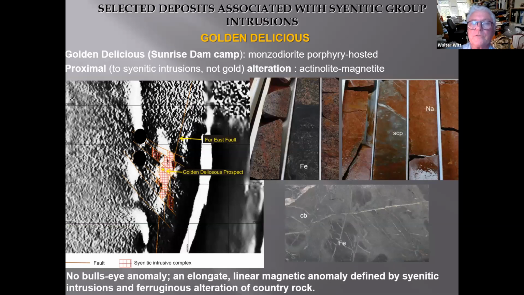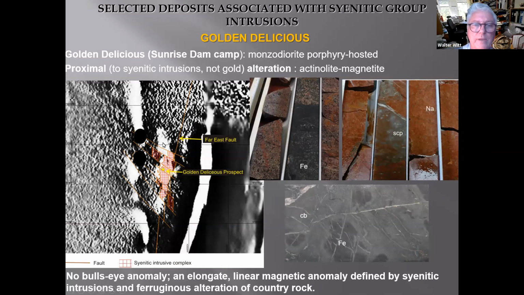Moving on now to the next deposit, this is Golden Delicious, located a few kilometres northeast of Sunrise Dam. The magnetic image on the left shows the extent of a monzodiorite porphyry intrusion. That's the red cross-hatching, and that's the dominant host for gold at Golden Delicious. But notice that the magnetic anomaly extends well beyond the limits of the porphyry.